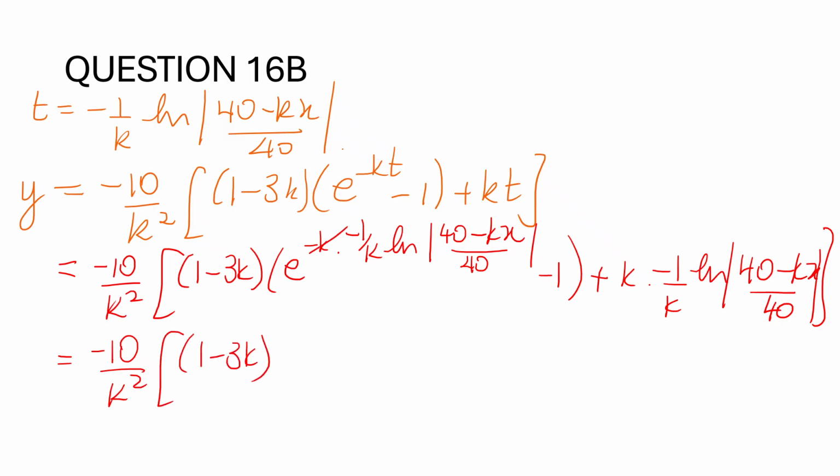This cancels with that, and I've got e and ln which undo one another, so I end up with 40, take kx on 40, take 1.